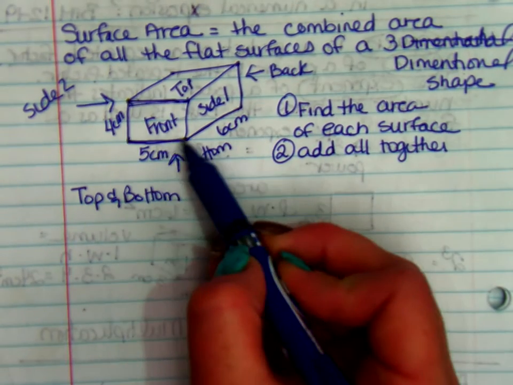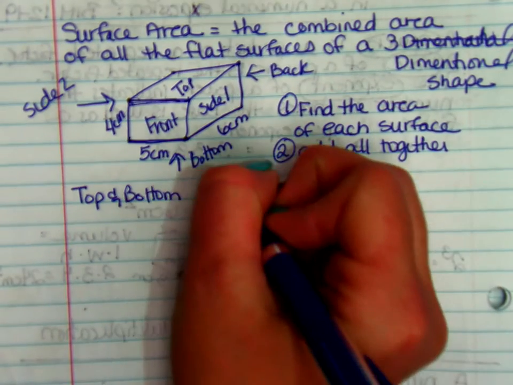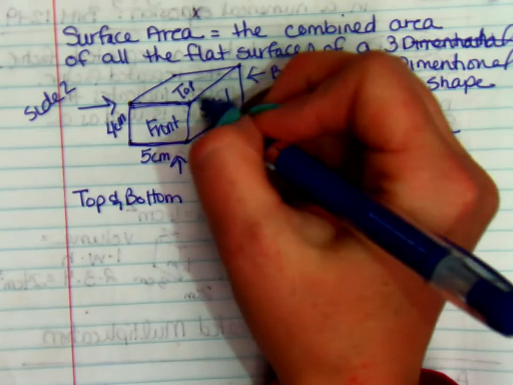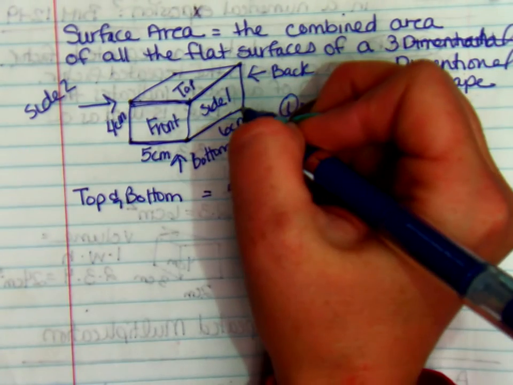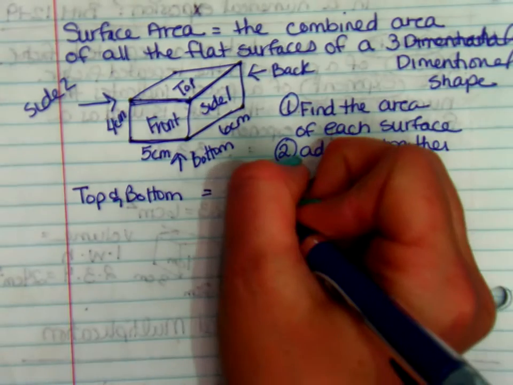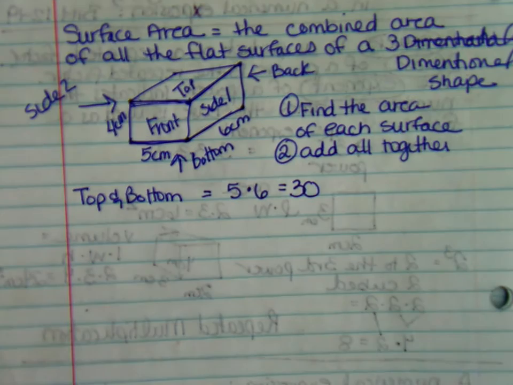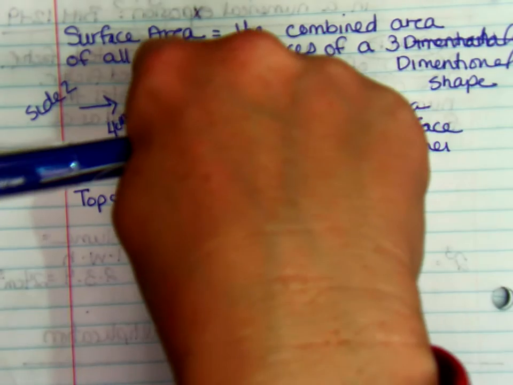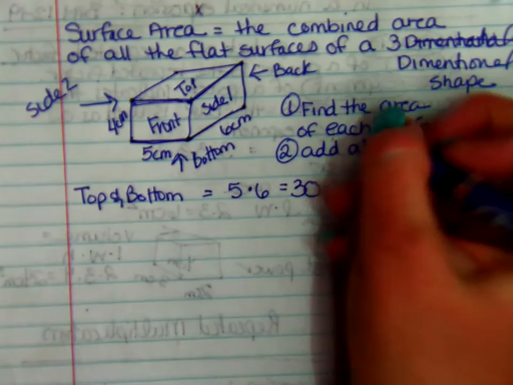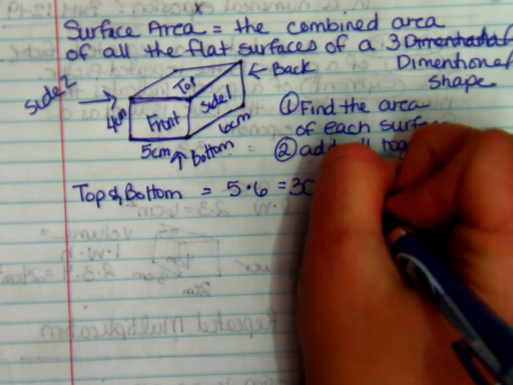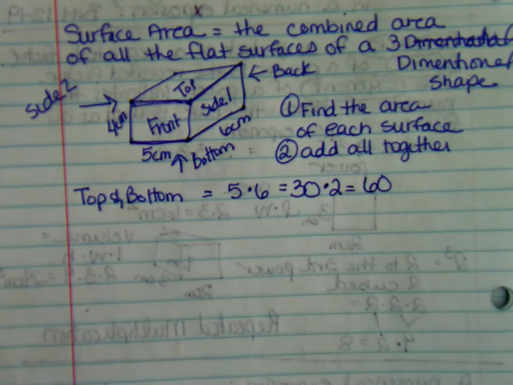Well, it's the same as this one, 5. And then what is this length? Well, it's the same as this one. They're equivalent, so 6. We multiply those together, and you get 30, but that's just the top. We also need to do the bottom. So we multiply that times 2, and you get 60. That's the top and the bottom.